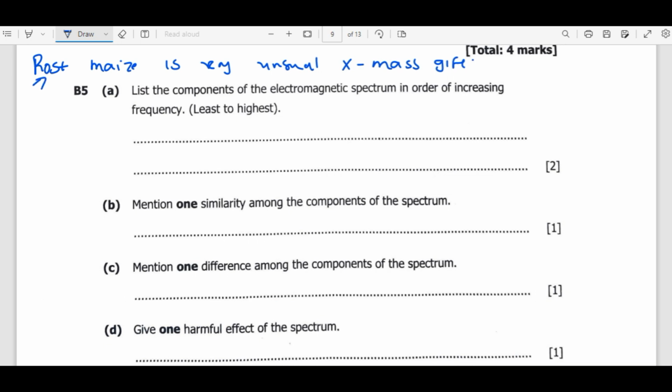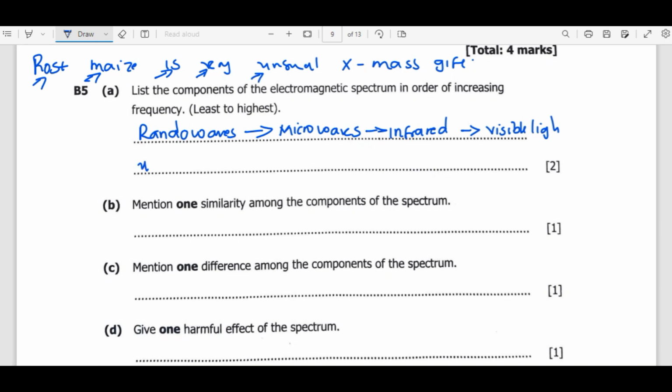From the R we get radio wave, then M we have microwave, I we have infrared, then V visible light, U ultraviolet, then we have X-rays.